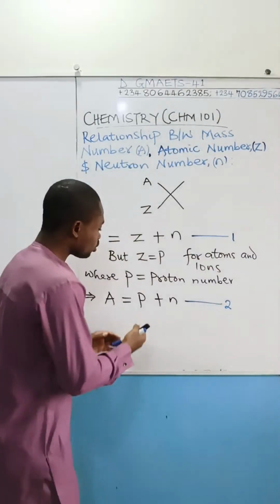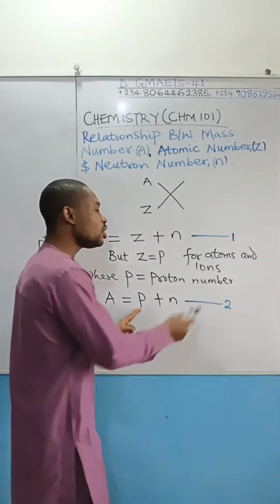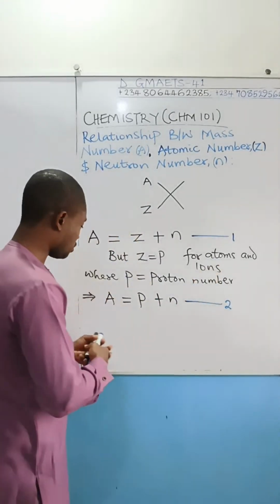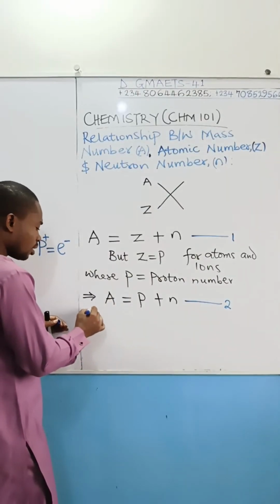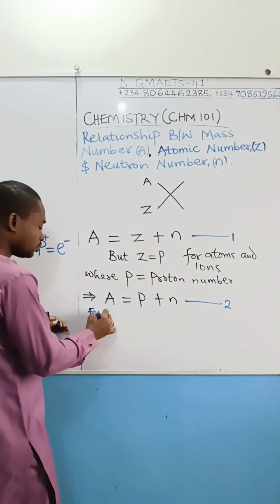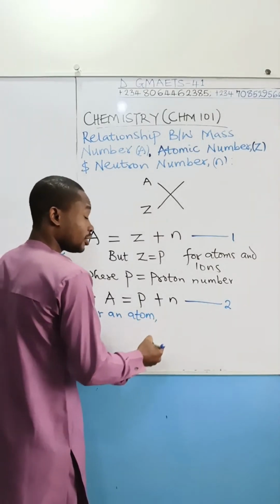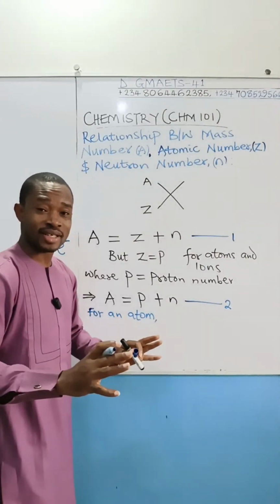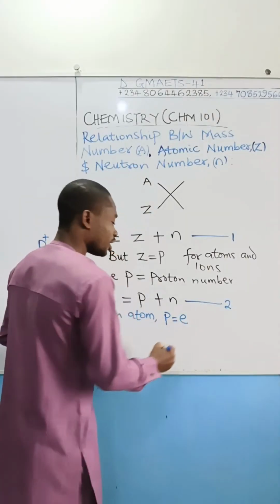So what I'm about to do here to bring in electrons for protons is only true for an atom, which is electrically neutral. So let us write something. For an atom, like I say, whenever I hear atom, it is by standard electrically neutral. Proton number is equal to electron number.